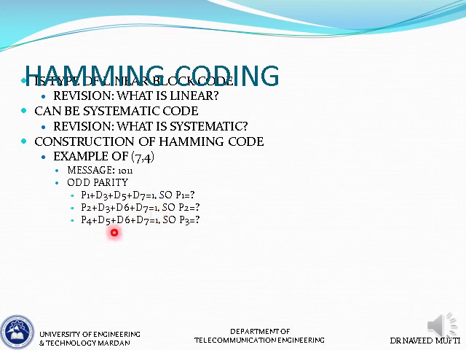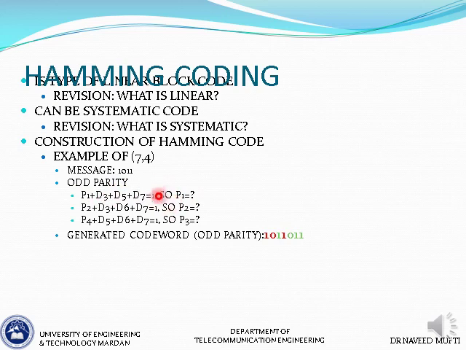As you can see, the values of parity bits are determined by a linear combination of the values of the data bits here. So we can calculate the values of parity bits. If we are using odd parity, the result of this equation should be 1. If we are using even parity, the result of this equation should be 0.